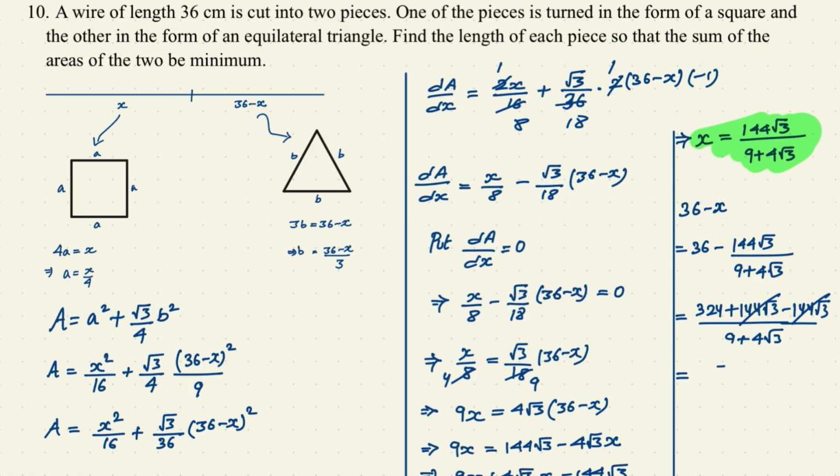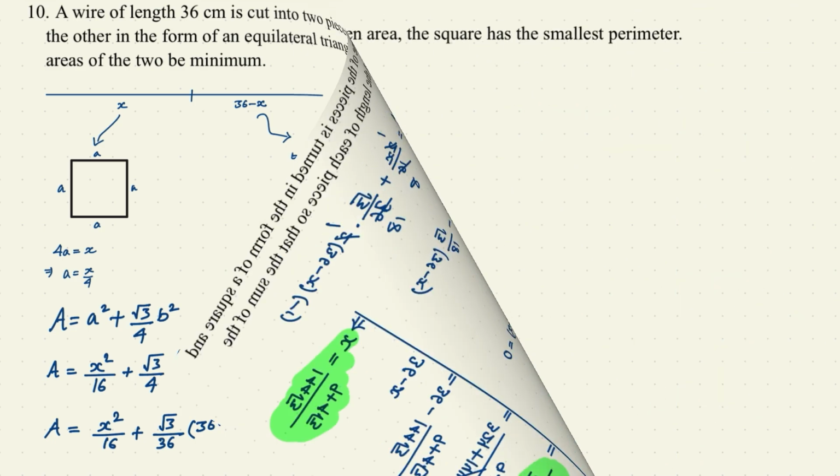So the other part will be 324 by (9 plus 4 root 3). So the length of the other piece will be 324 over 9 plus 4 root 3. So this is the required answer.